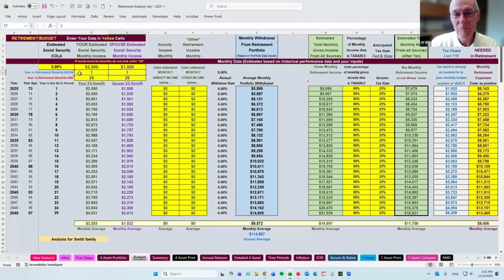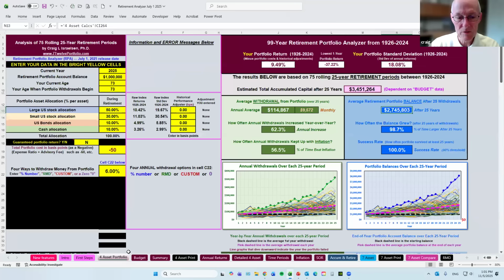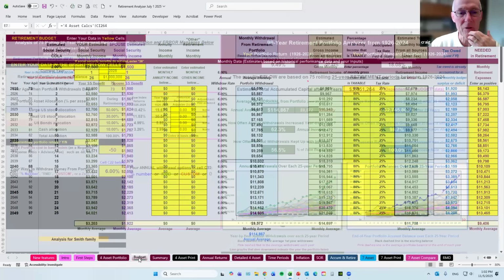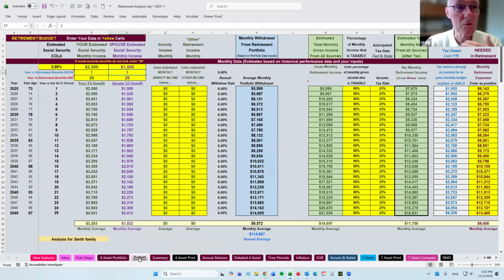Anyway, I just wish people would focus on the two parts of the puzzle as opposed to just the one, if that makes sense. Well, for a lot of years, as I was building this tool, I really focused on just this 4-asset portfolio tab. It was all portfolio centric. Right. And then my hiking buddy said, well, what about cash flow? My response was, well, I assume people can just build a spreadsheet on their own to do cash flow analysis or budget analysis.